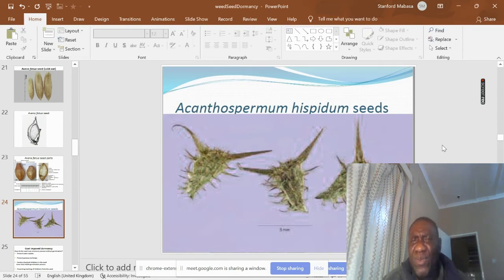Remember, we also talked about immature embryo. It can also play its role. So there's immature embryo, there's the seed coat, which makes the seeds difficult to germinate.